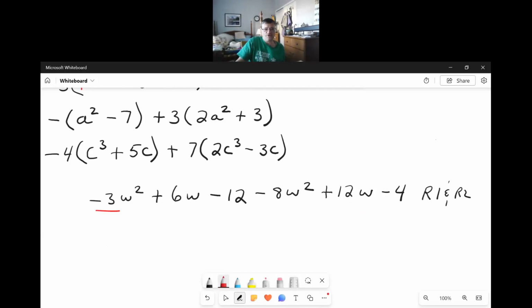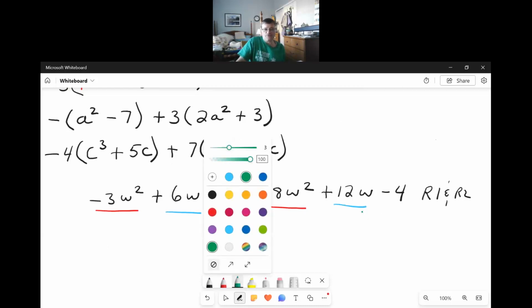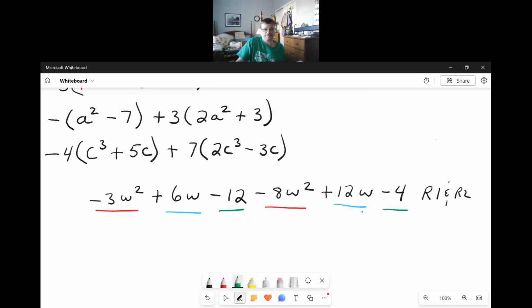Okay, so we have the w squareds. Then we have the w's by themselves. And then finally, we have our numbers by themselves. W squared, w, and numbers by themselves.